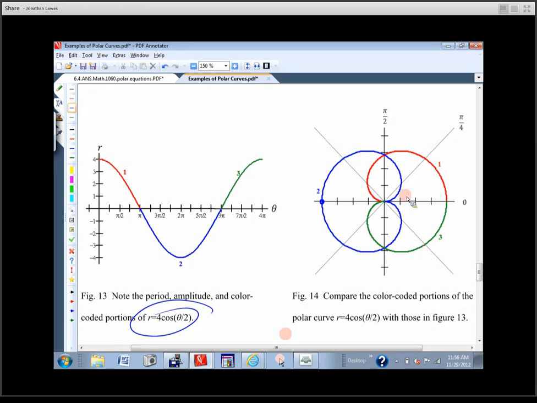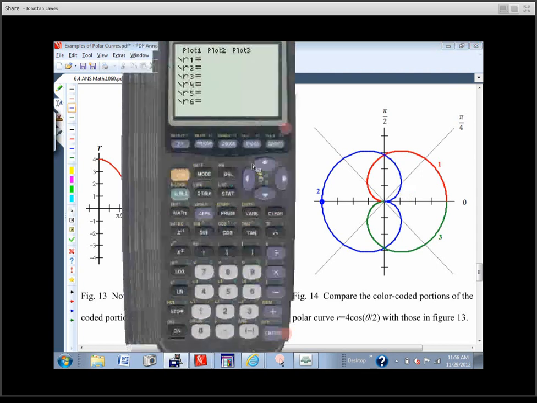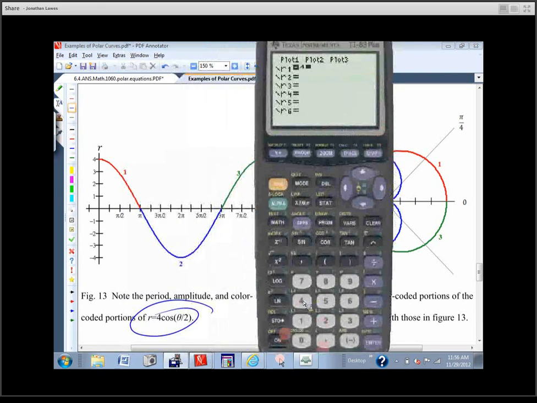Yeah. So I just graphed it, and you have to put in a -4 cosine theta over 2 to get the other side of it. Why doesn't it graph both? So we'll answer that question. Here's what Greg did, and you can follow along if you want to. He put this in his calculator, and he did 4 cosine theta divided by 2, and he graphed this.